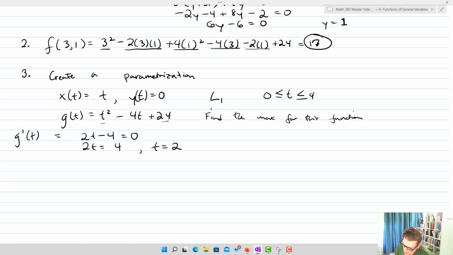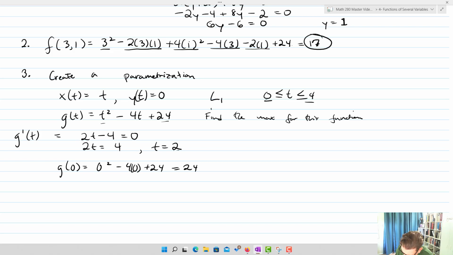What I've got to do then is figure out what that value is going to end up being, and evaluate g of t at 0 and 4. So g of 0 equals 0 squared minus 4 times 0 plus 24, and that equals 24.